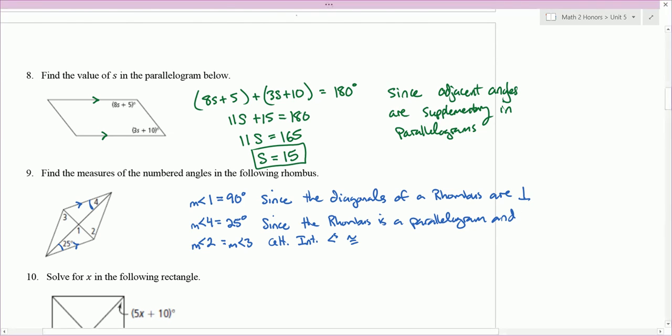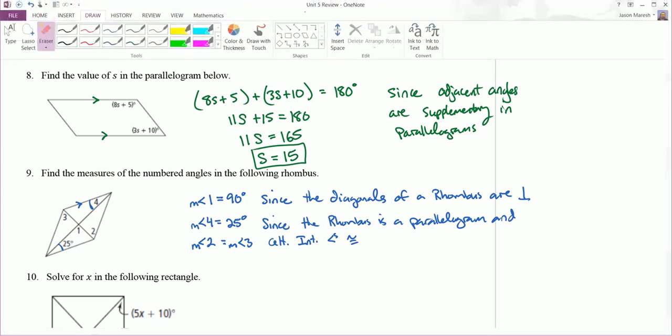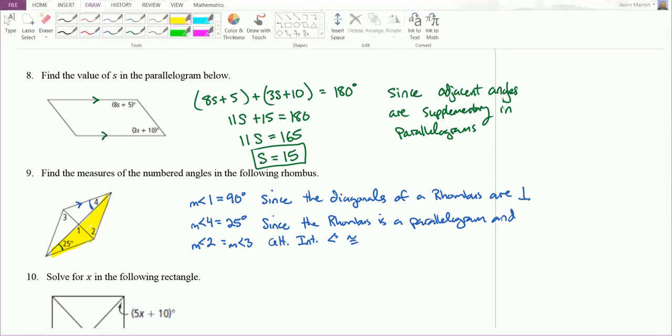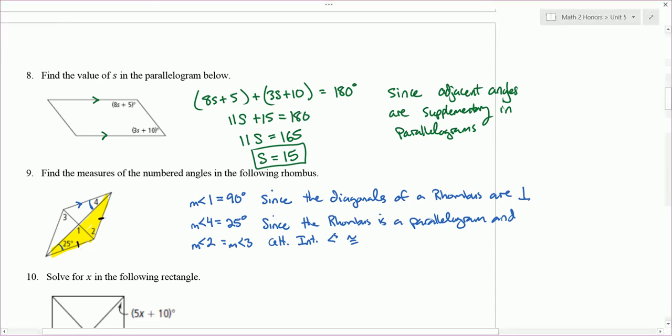If we look at the bottom half of the rhombus here, notice it's an isosceles triangle because those two lengths are the same, and so both the base angles are going to be 25 degrees, and so we can find this third angle by 25 plus 25 plus x is 180, because the sum of the three angles in a triangle add up to 180.